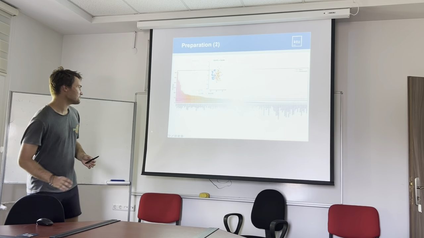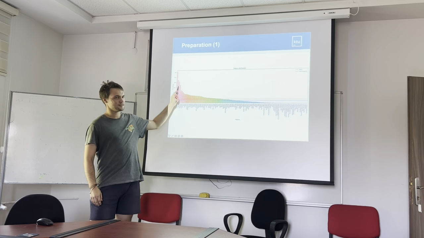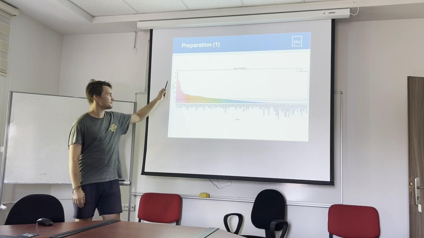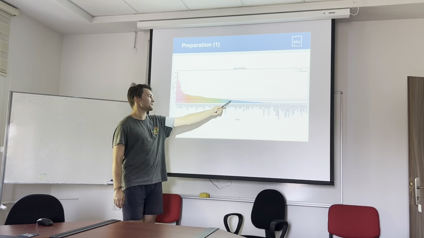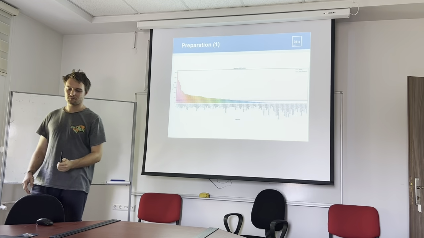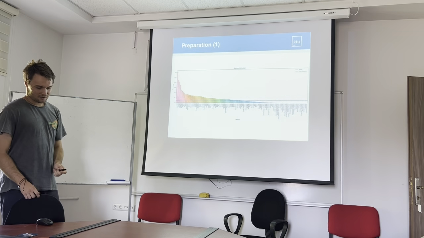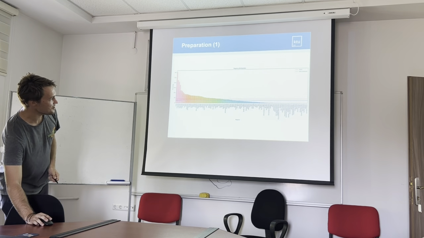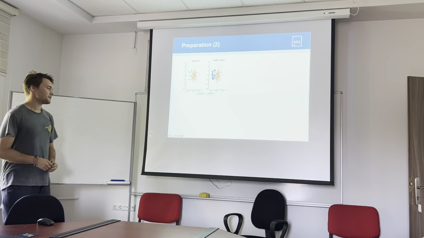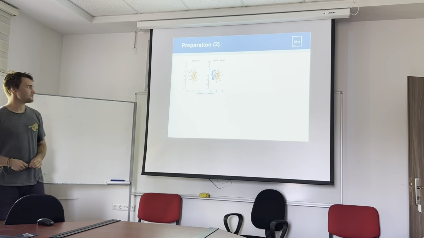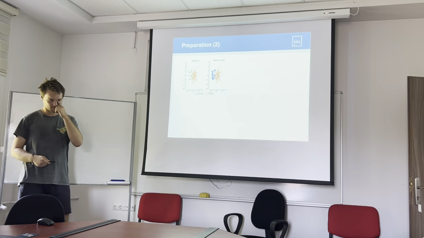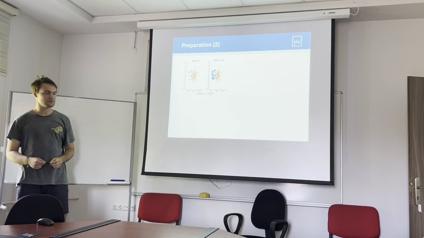I missed one thing. As you can see, the class imbalance is very big. The largest class has 300 and my lowest has about 20 songs, so it's a big imbalance, and I needed to do something with that. So I used some synthetic data manipulation.